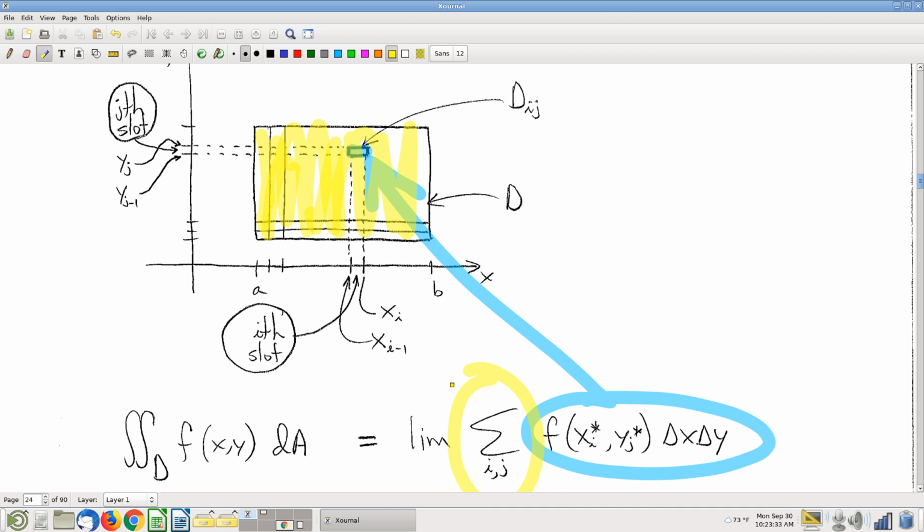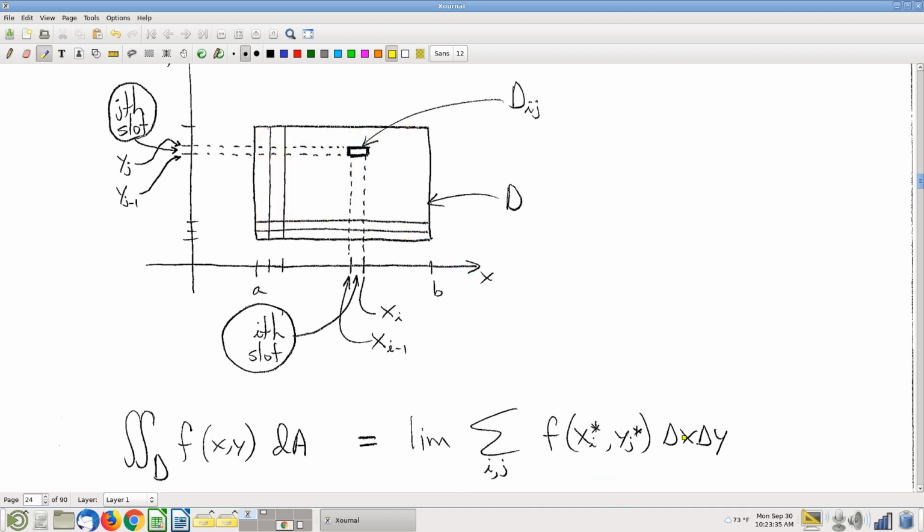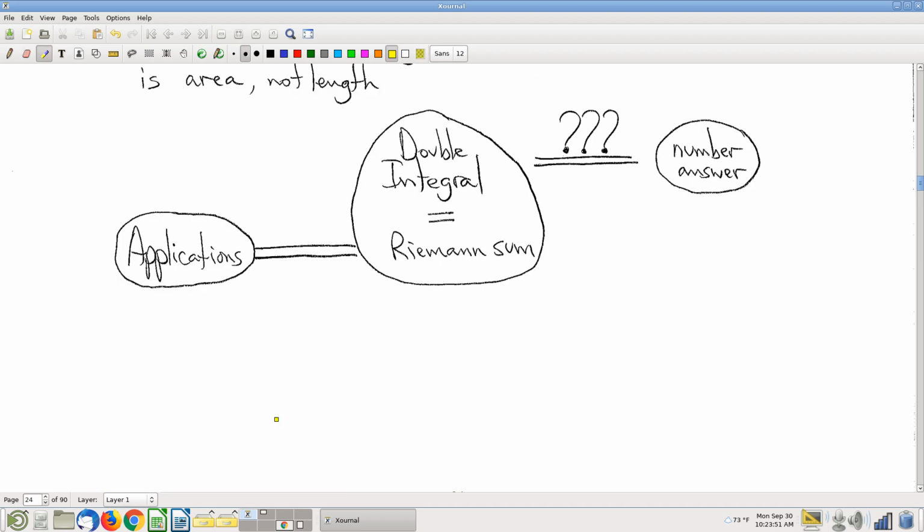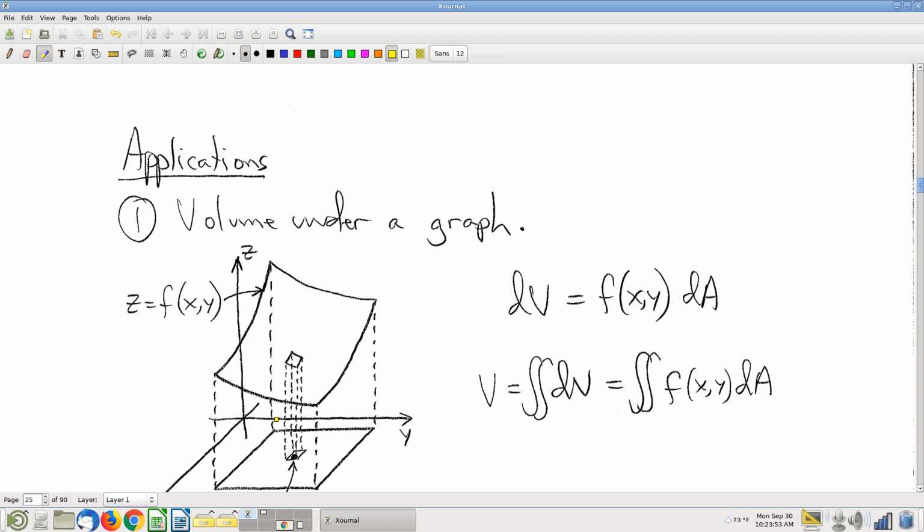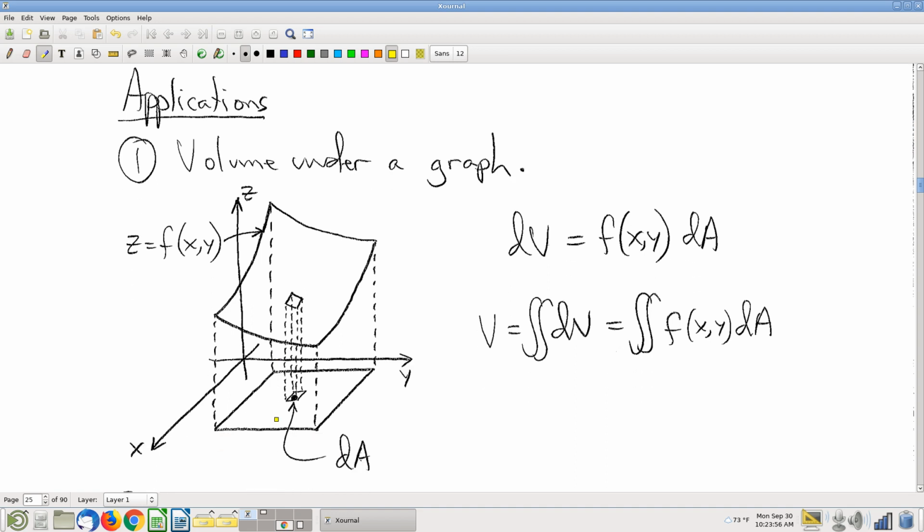So we motivate this new expression here. We call it a double integral, and we give it this notation because it's basically just the accumulation strategy adapted to a two-dimensional domain instead of a one-dimensional domain. Okay, we saw some applications. Suppose you want to compute a volume under a graph.